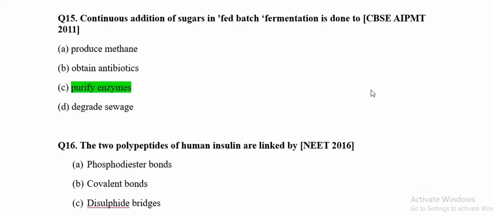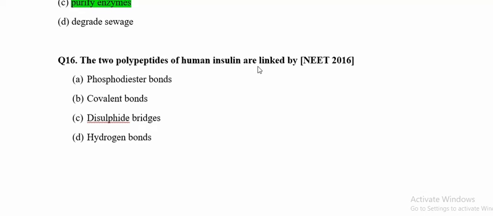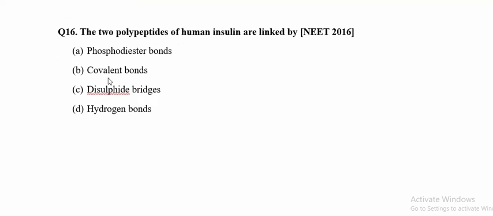Then coming to question number 16, the two polypeptides of human insulin are linked by option A, phosphodiester bond, option B, covalent bond, option C, disulphide bridges, and option D, hydrogen bonds. The two polypeptides of human insulin are linked by disulphide bonds, so option C is the correct answer.